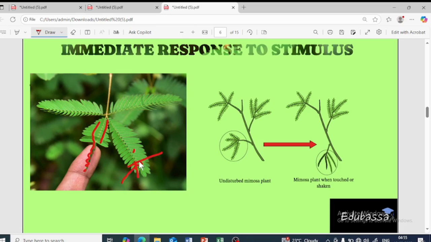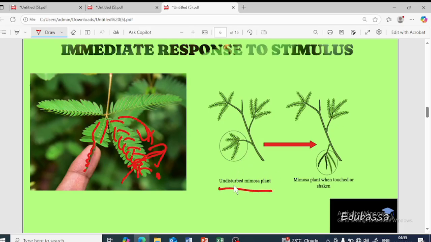When I touch this, the water from the cells moves out, resulting in shrinking, and hence the folding of the leaves takes place. Then again here, the electrochemical signal will be passed and all of these leaves will be folded, and because of the weight it is drooped. Just like this, bending of the leaves takes place. Clear? I hope it is clear.